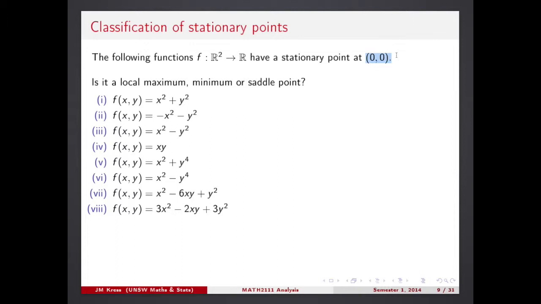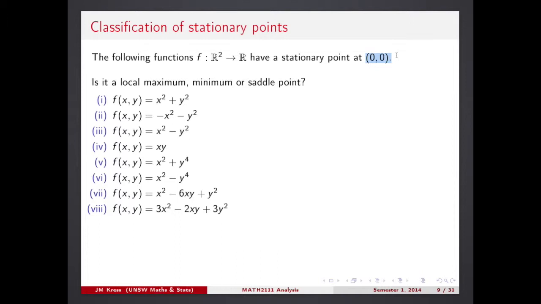Our job is to classify the stationary point into subclasses: local min, local max, and saddle point, 3 subclasses. Local min means that this point is the one where the function takes the minimum possible value across some neighborhood around it. Local max, respectively, means the function dominates the area, some neighborhood around the origin.